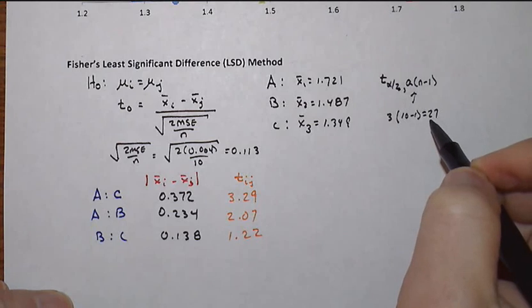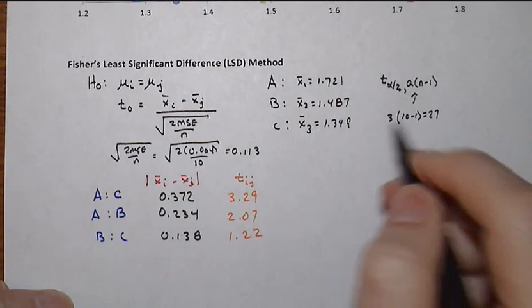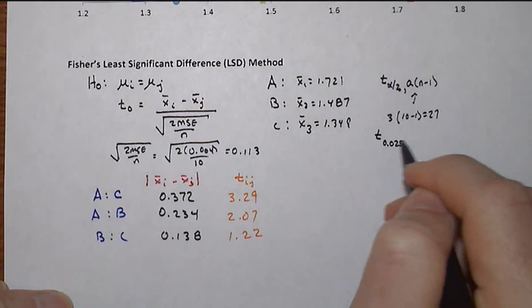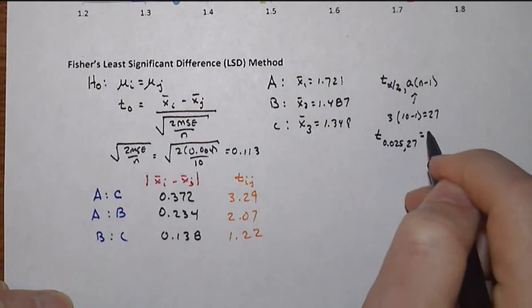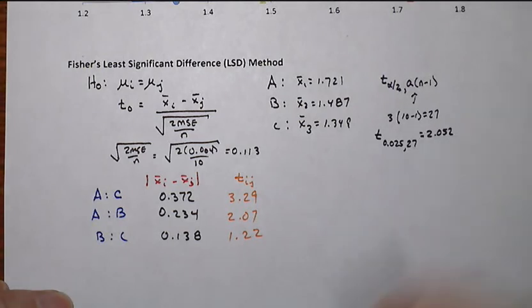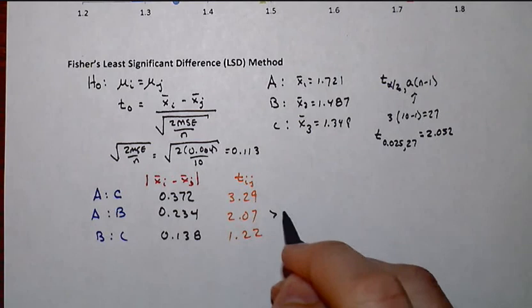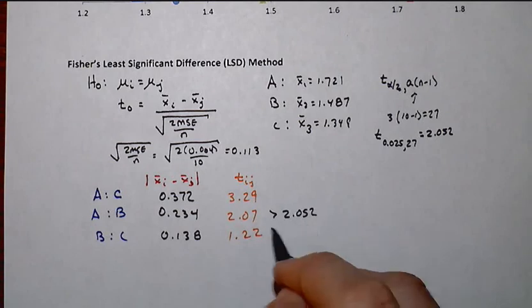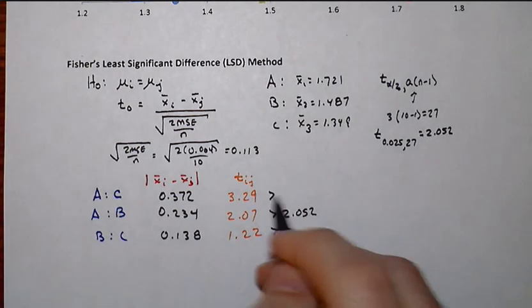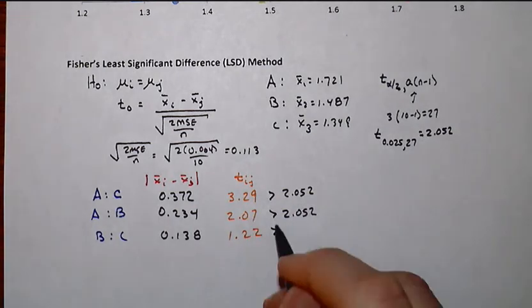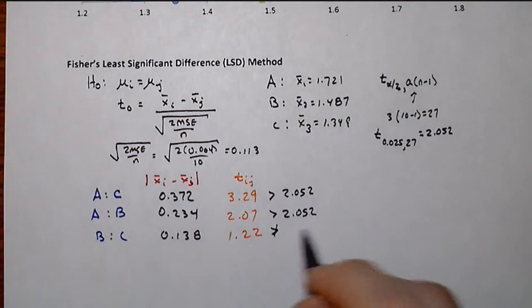It turns out to be equal to that. If you go look, for instance, at t 0.025 with 27 degrees of freedom, you'll get 2.052 as your critical value. And so 3.29 is greater than 2.052, and 2.07 is greater than it too, but 1.22 is not greater.